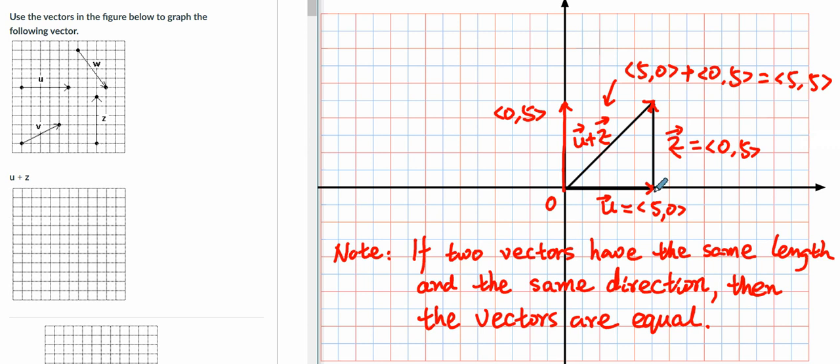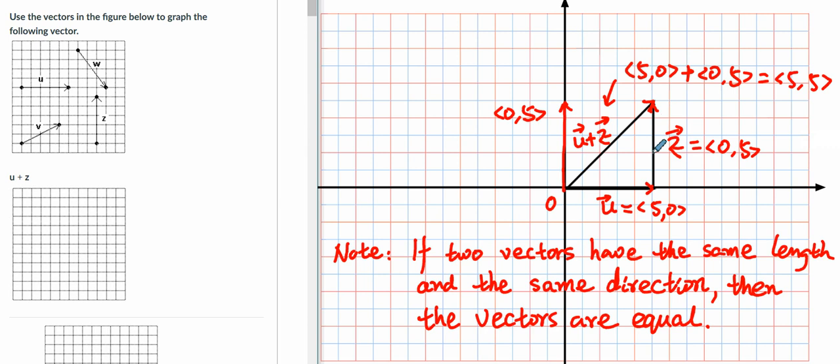Put it right here. And then, since you parallelly shift this vector up to here, you just need to connect the initial point of the first vector and the ending point of the second vector. That will be the sum of those two vectors. So this rule is called the triangle rule.